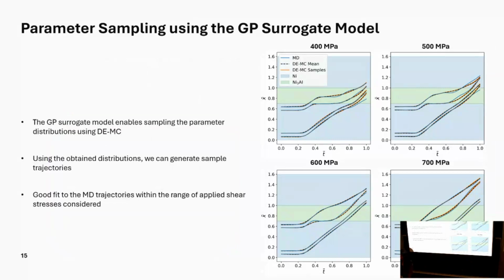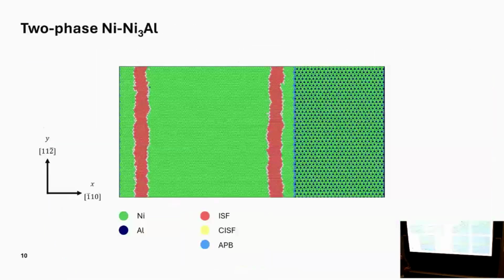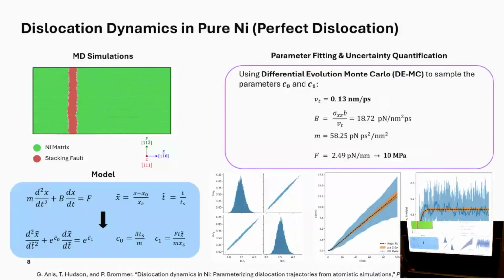I have a question. When you do these parameter fits, I'm curious if you have the data polluted by noise. Yes, this is very clear here. I should also mention that in nickel, compared to the two-phase system, we only looked at very low shear stresses compared to the high shear stresses.